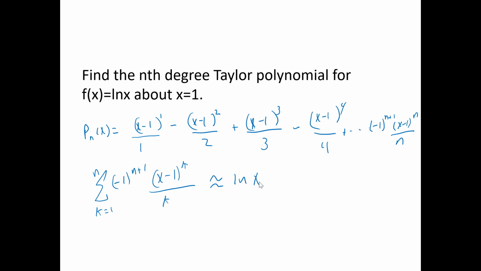So if I wanted to approximate, let's say, the natural log of 1.5, then what I would do is replace the x with 1.5.